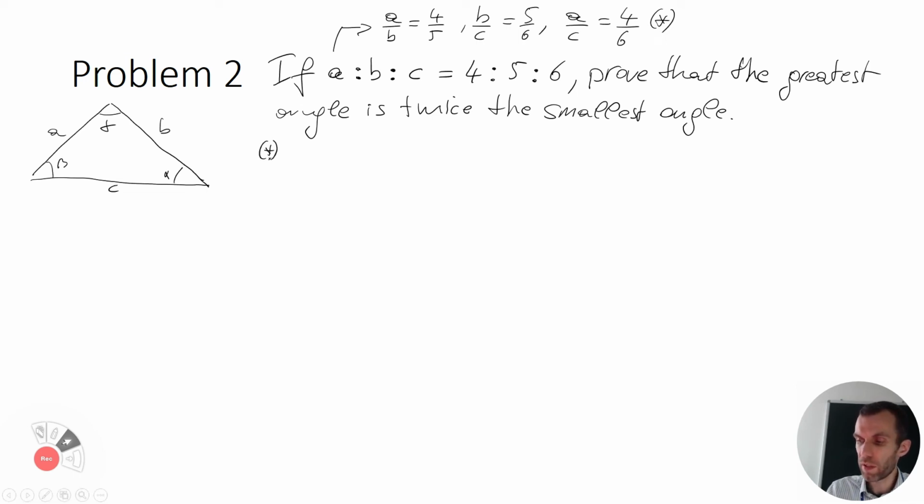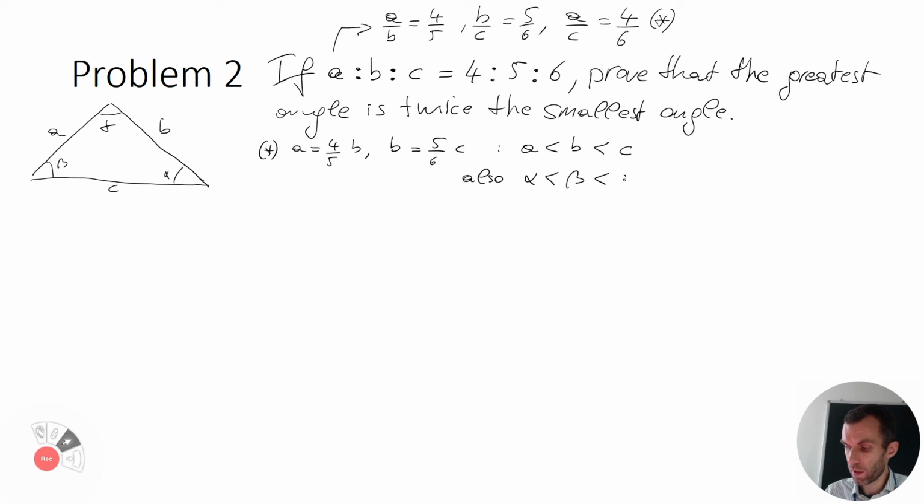What these tell me is that if I work this out, I get that A is 4/5 B, and similarly B is equal to 5 divided by 6 C. So from that, it follows that A is less than B, and B is less than C, and also that the angles on the other side correspond to the same progression. So alpha is less than beta is less than gamma. And that's why I tried to draw the figure in such a way that it looked a bit similar. I don't know how well that worked.